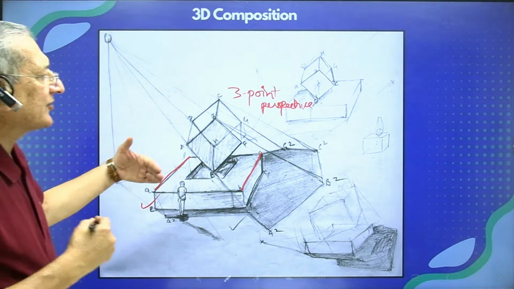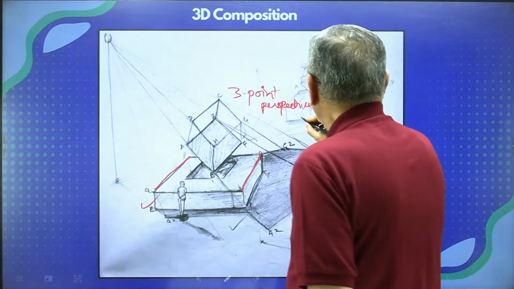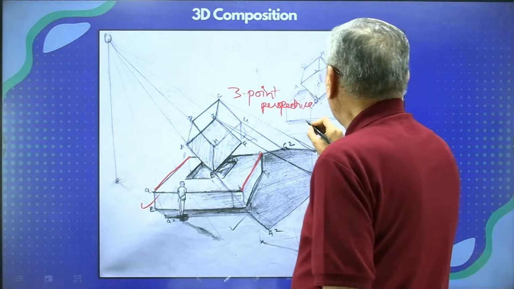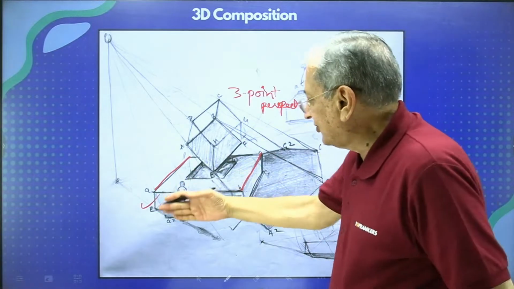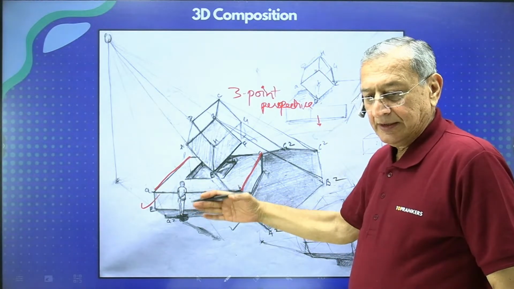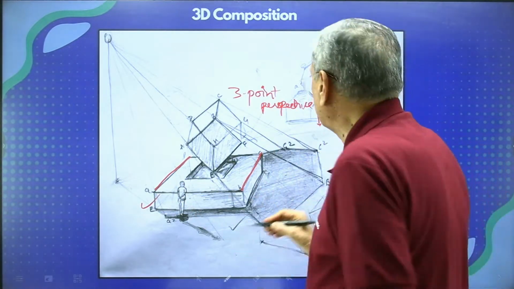To make you understand, here is a sketch. A 1-point perspective is done when a flat surface of the object is parallel to the picture plane.